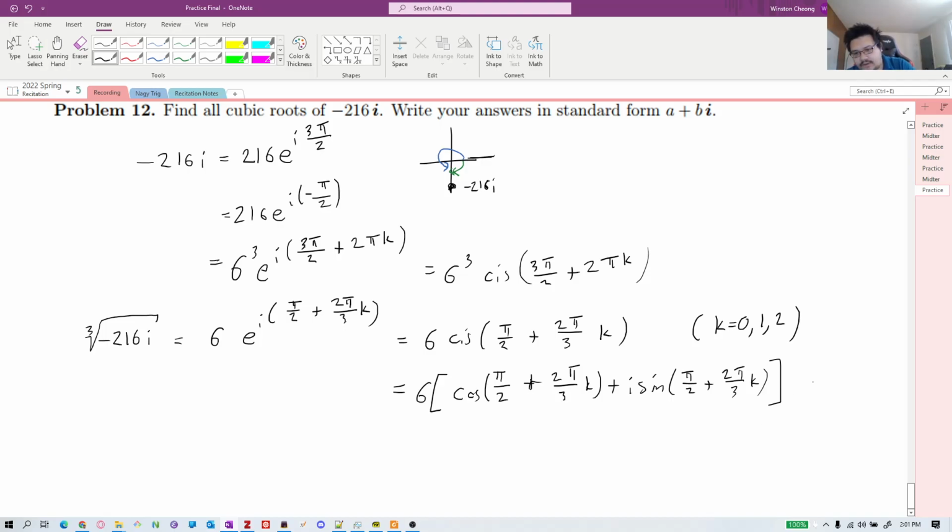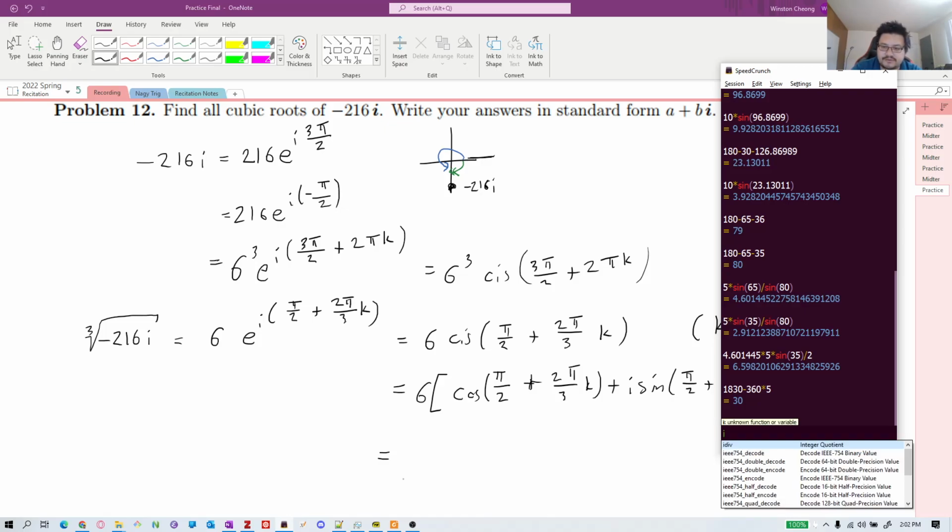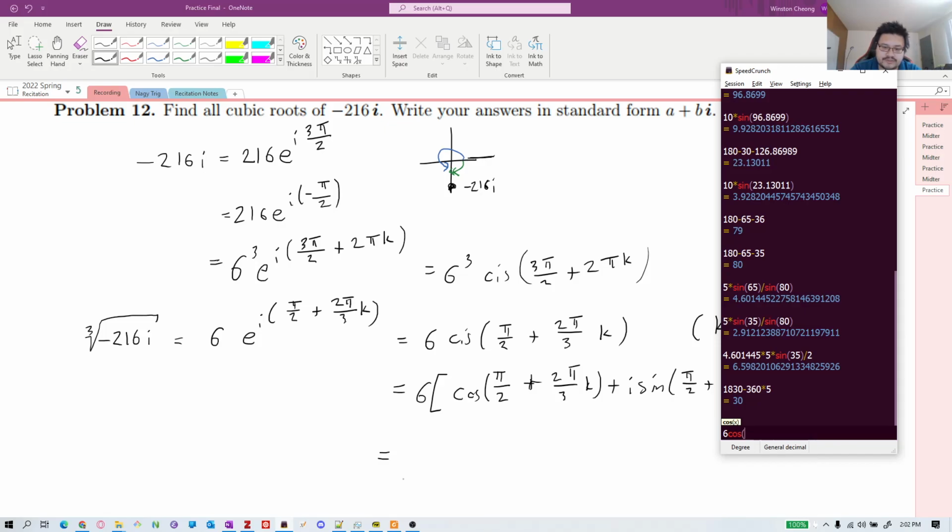Again, we're going to plug in for k equals 0, 1, and 2, which is kind of annoying. I'll show you how to do it. I don't know if this calculator can handle complex numbers, and maybe some people's calculators can, but let's just not do that.